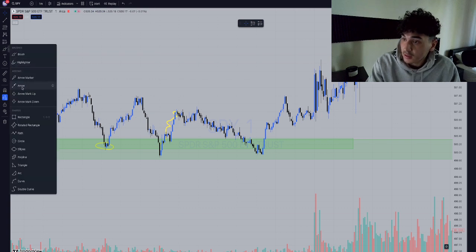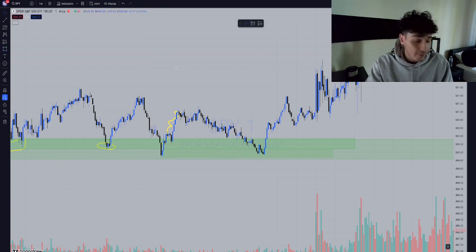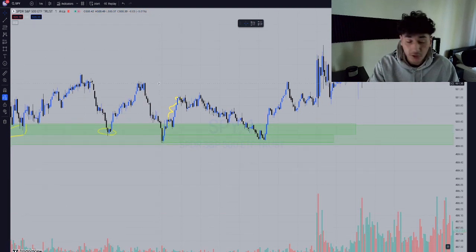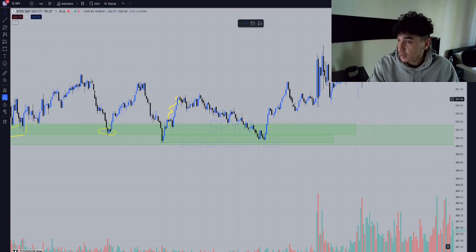So let's go ahead and mark this out. Rectangle, base candle, extend. And now we have 3 zones, which is like the max confirmation we could get, you know? And then we have our 5 minute zone, 30 minute zone, and 1 minute zone. Now we just want to simply look for a retracement inside of our 1 minute zone.